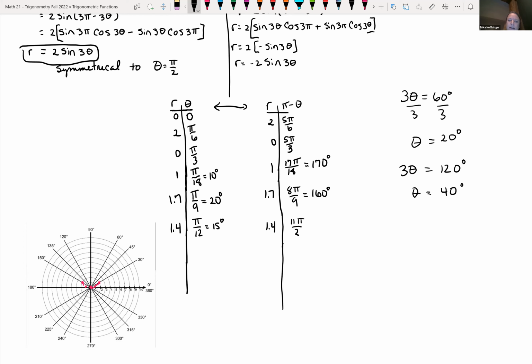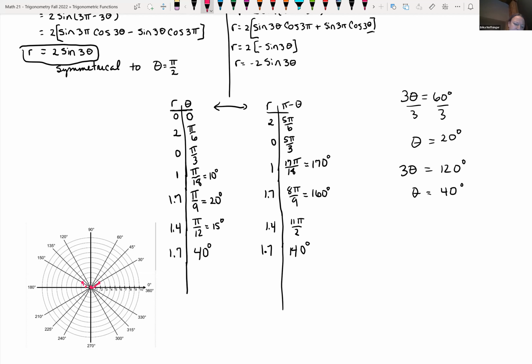Okay, let's look at that. Theta equal to 40 degrees gives 120 degrees. Sine of 120 degrees is root 3 over 2, and root 3 over 2 times the 2 in front is root 3, which is 1.7. There we go. 180 minus 40 degrees is 140, which is also 1.7.